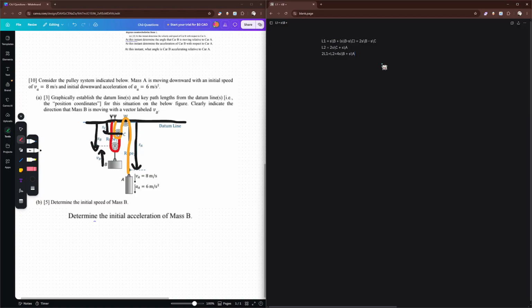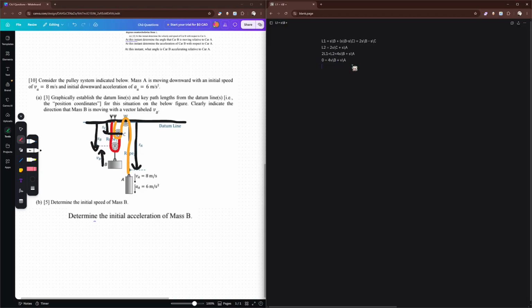Now we're looking for initial speed, so we take the derivative. 0 is equal to 4VB plus VA. We have VA, we want VB. VA is 8. We put minus VA to this side and divide by 4, so 8 over 4 is 2.